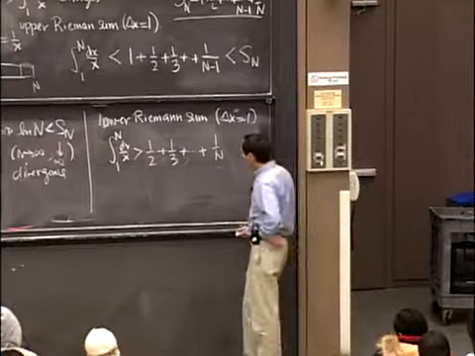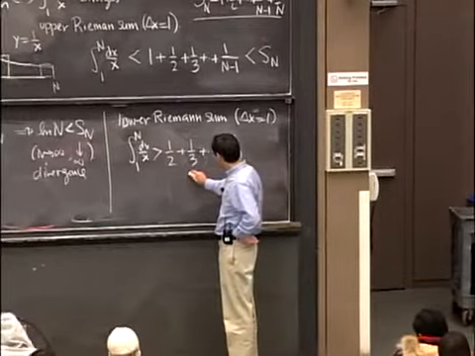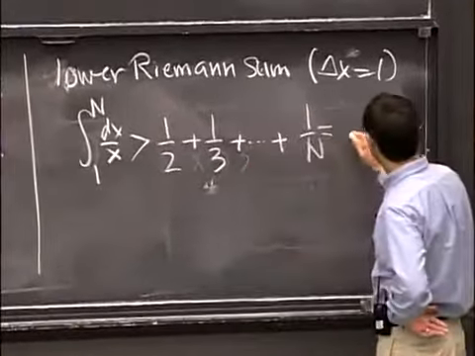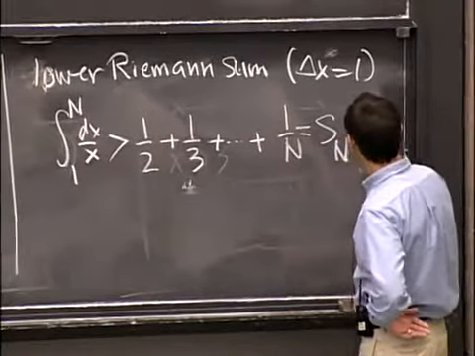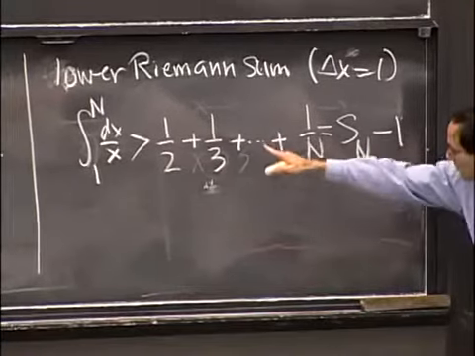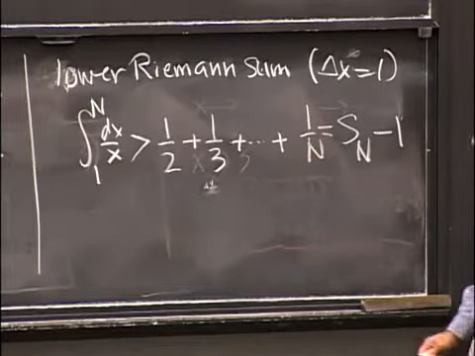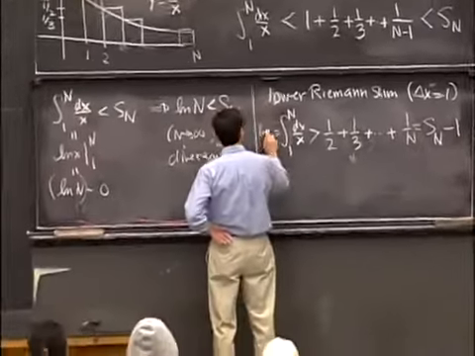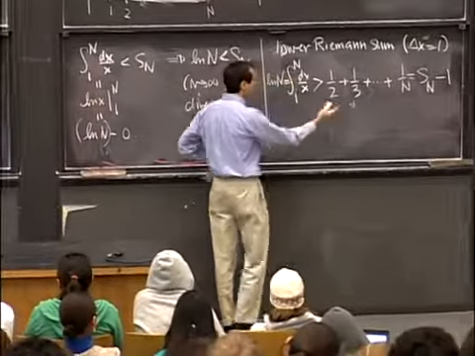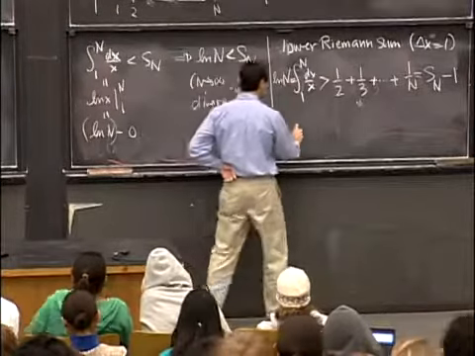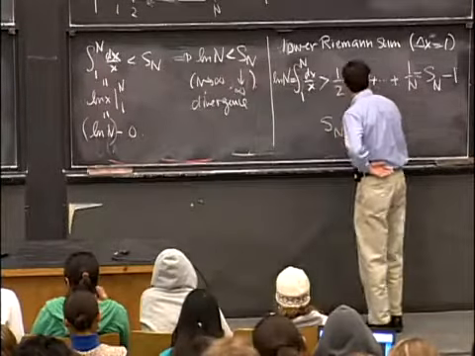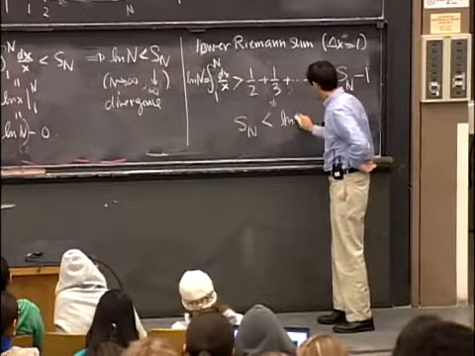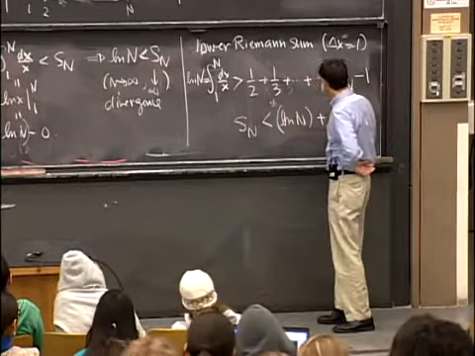And now we can recognize that this is exactly equal to Sn minus 1, minus the first term. So we missed the first term, but we got all the rest of them. So if I put this to the other side, remember this is log n, I have the other side of this bound. I have that Sn is less than, if I reverse it, log n plus 1.